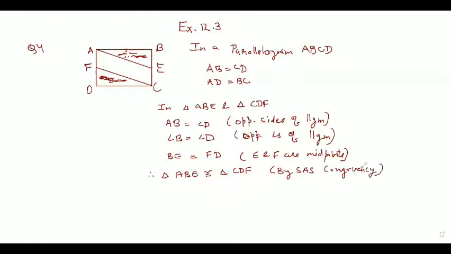How? By SAS congruency. So if these triangles are congruent, we can write AF equal to CE.